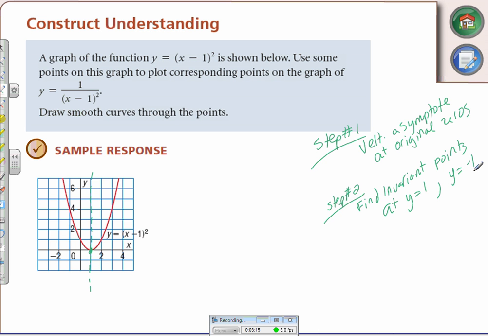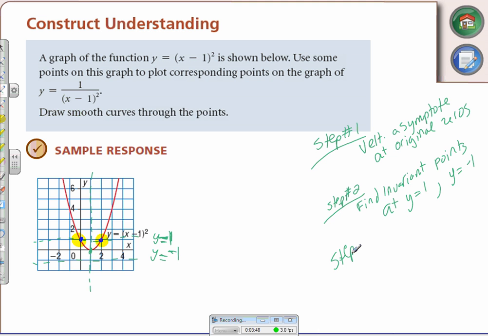So wherever it crosses the line y equals 1 and y equals negative 1, that would be here and there. We've got to go through those 2 points. Those are invariant points. We'll put them on there. And then we can start graphing to the left and to the right.